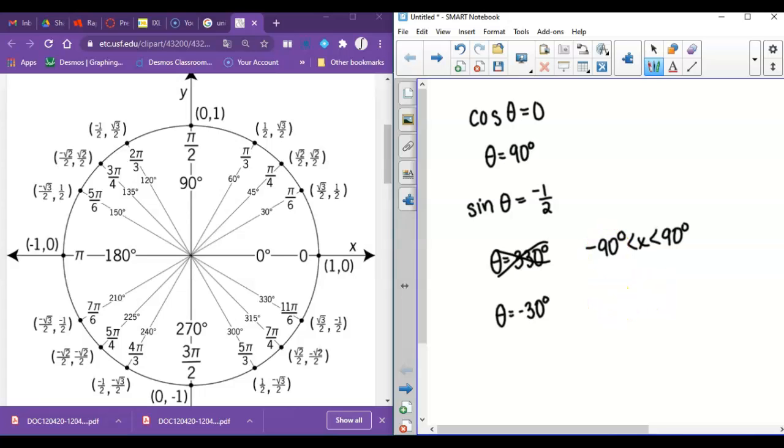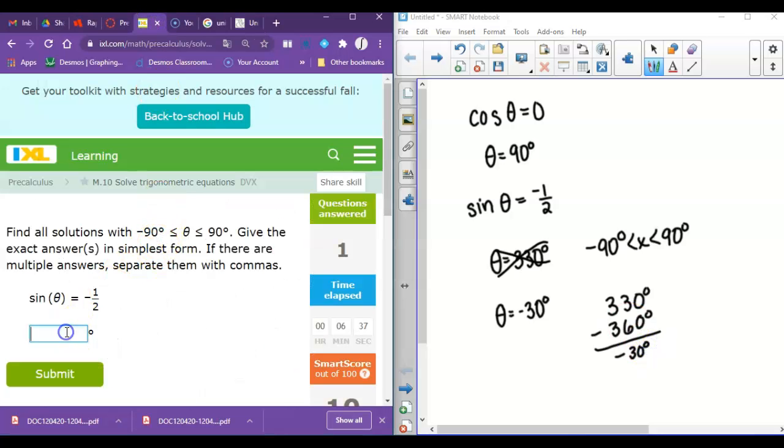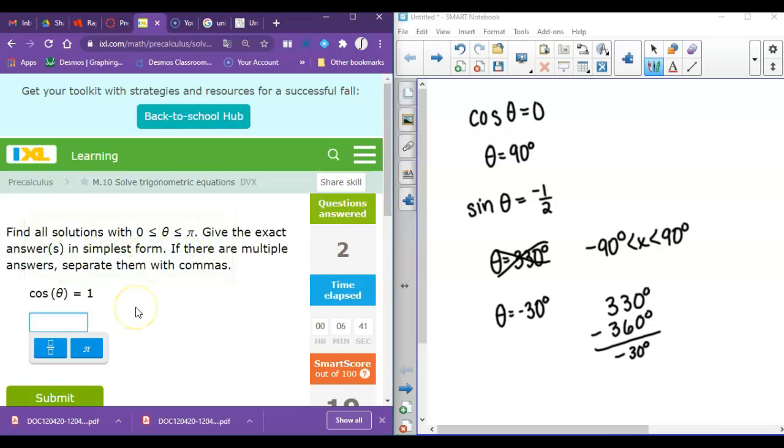If you get a number that's too big, like 330 does have a sine of negative 1/2, but it's too big to be in this range. So just like we were doing with the other values on the unit circle, we could add or subtract 360 degrees. So if we subtract 360 here, of course we get that negative 30, which is our answer. So let's type that one in. And that one is correct.